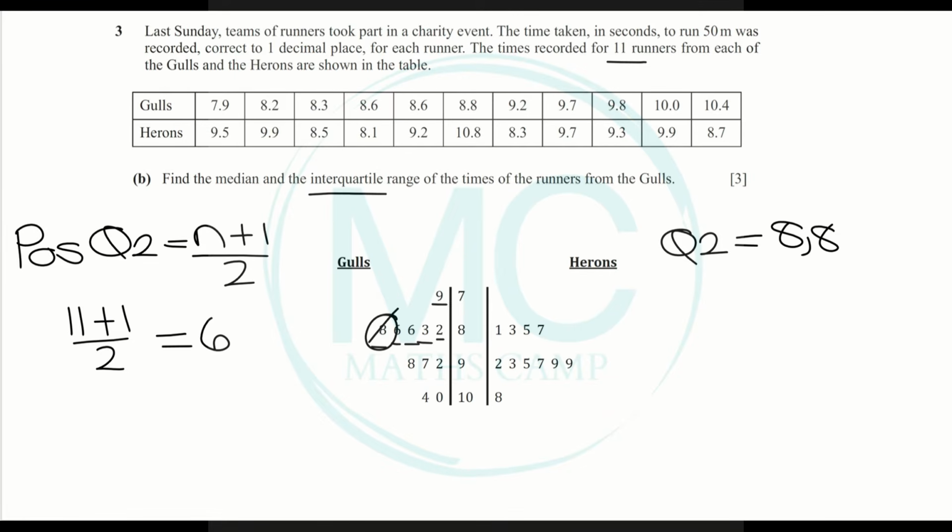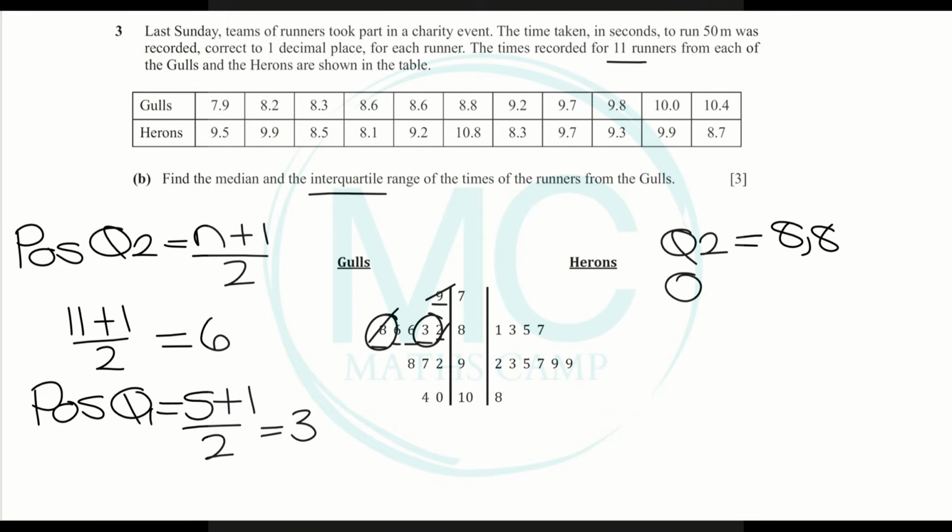To find Q1, I'm going to say 5 plus 1, over 2. 5 plus 1 is 6, divided by 2 gives us 3. So Q1 is the third value in the data set: 1, 2, 3. So Q1 is equal to 8.3.